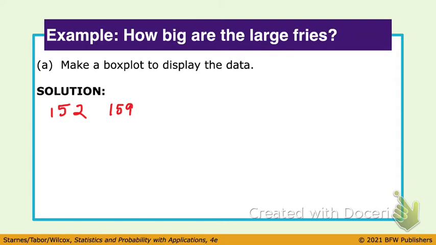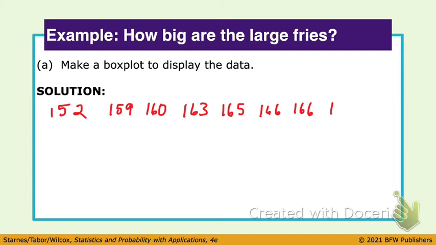And then we got 160. Okay, what's next? 163. Perfect. And then 165. And then 166. Okay, we got two 166s, so we want to make sure we have that both times. Okay, and then 168.